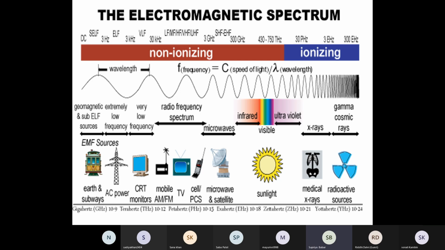Normally, in this electromagnetic spectrum, see the part below, there are gamma and cosmic rays. Besides that, there is X-ray. Then there is ultraviolet, then visible, infrared, microwaves, radio frequency spectrum.